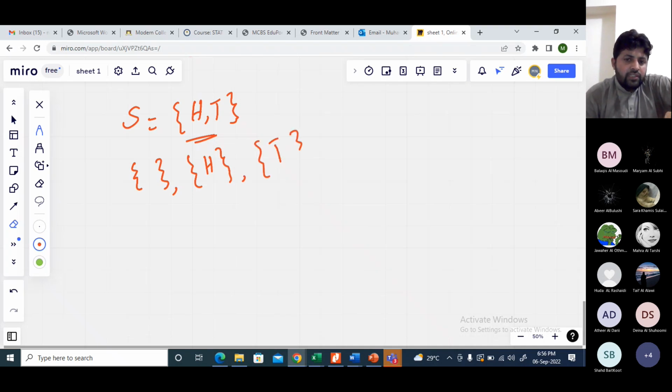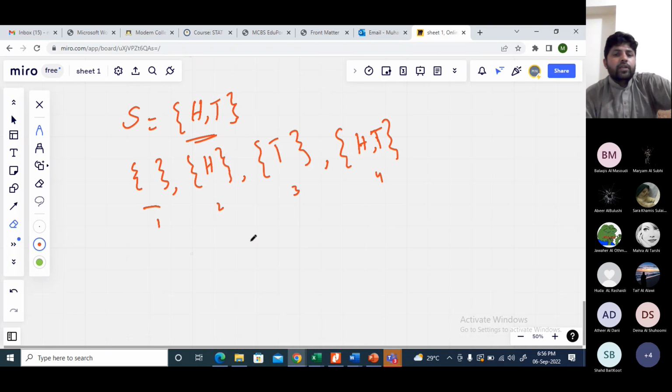Tail is also a subset of this set. And the set itself is also a subset of each set. So how many subsets are there? 1, 2, 3, 4. So there are 4 subsets.